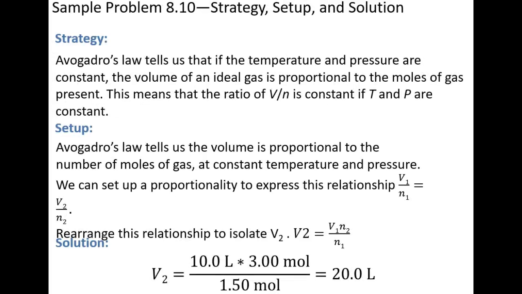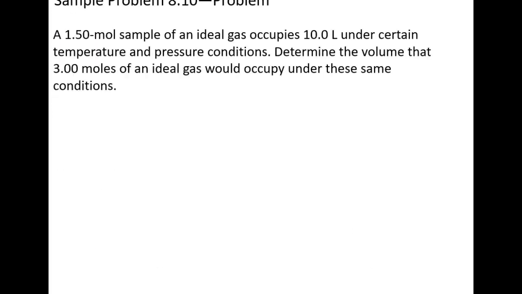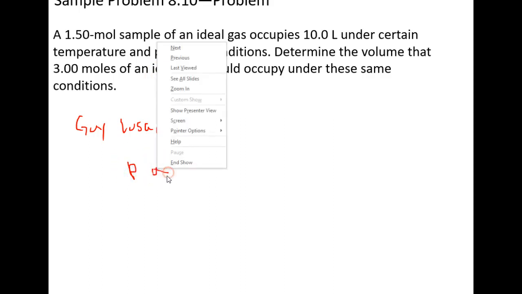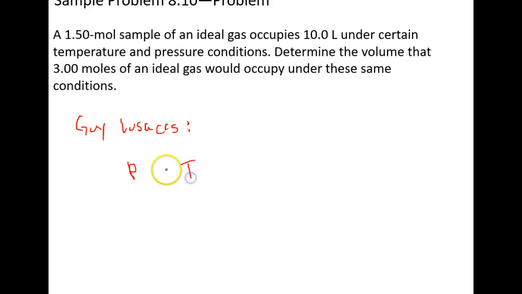And finally, the last one, which is not here, is Gay-Lussac's law. We're going to be doing this. I think there's two C's, or two A's, I can't remember. Gay-Lussac's is pressure versus temperature, and these are directly proportional.